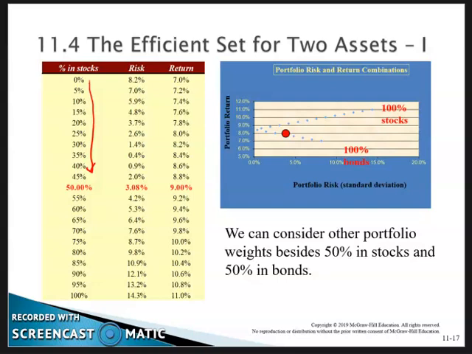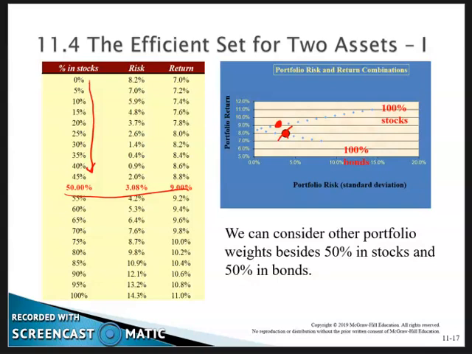Just so you note, I assume this dot is supposed to reflect this balanced portfolio, but actually I think the dot should be here. Anyway, we have the portfolio return here and the risk, or the standard deviation, on the x-axis.